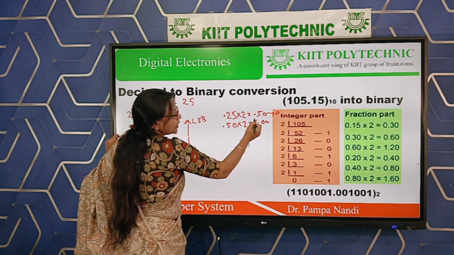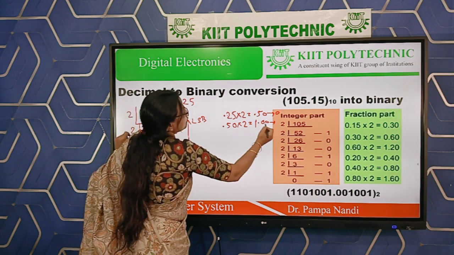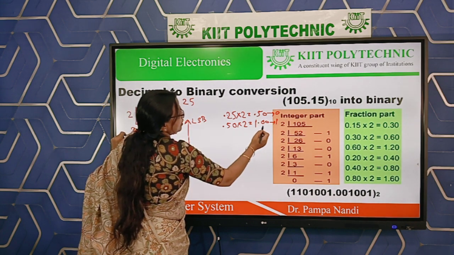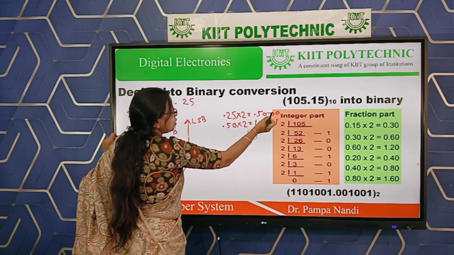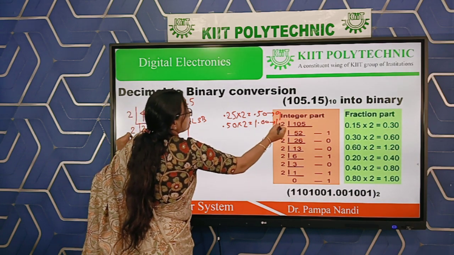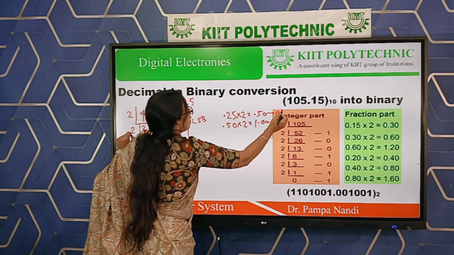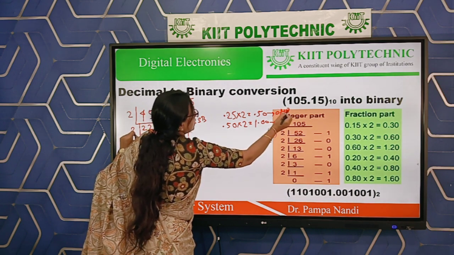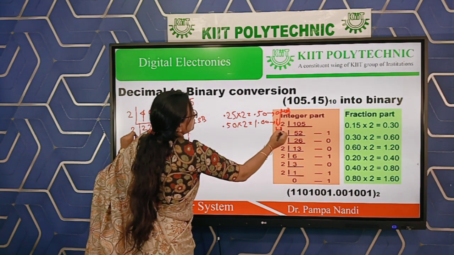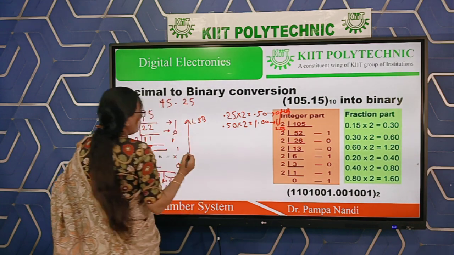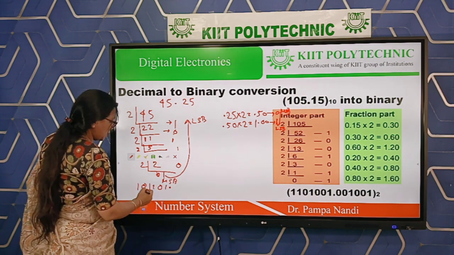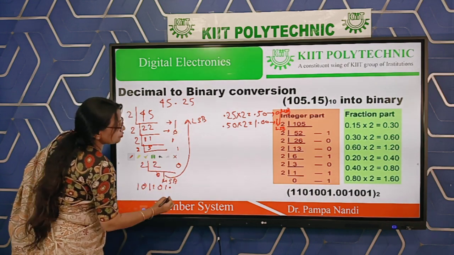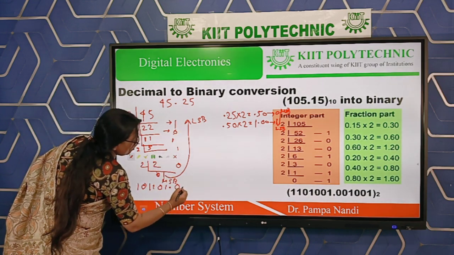When you are not getting any integer value, then you should write 0 here. If you are getting the integer value, you write the integer value, like here, and after that everything is 0. So this is the MSB after the fraction, and this is the LSB. So the value of 0.25 equals 0.01.